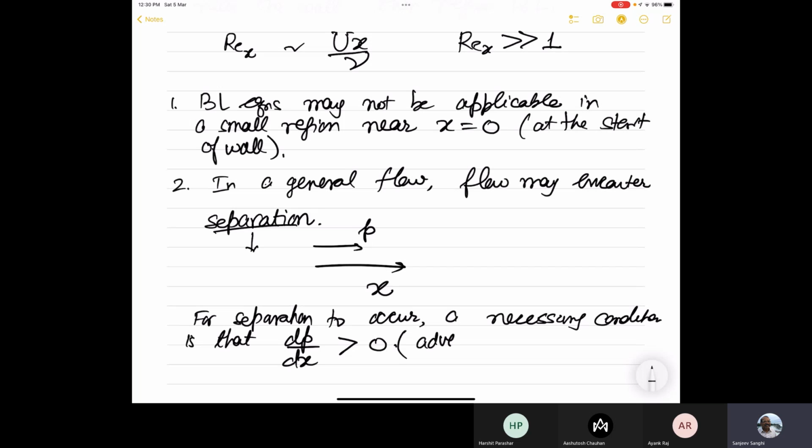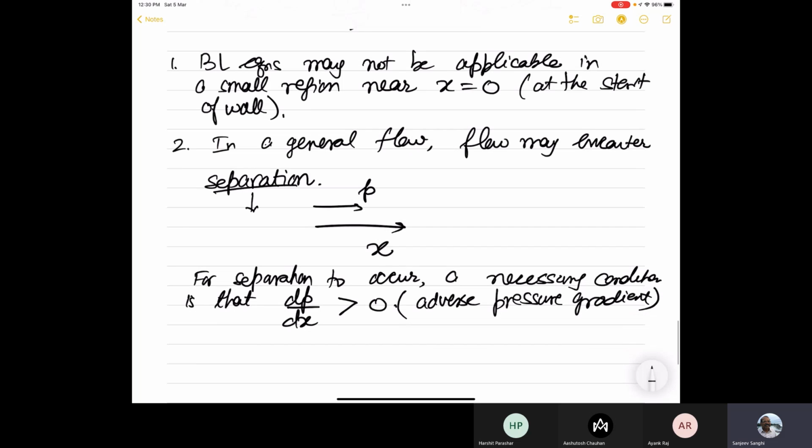This is what we call an adverse pressure gradient. And one of the reasons why this flow separation occurs is, let's think of a flow particle here. The flow is trying to take the particle in the x direction, but then it encounters a higher pressure as it moves downstream.